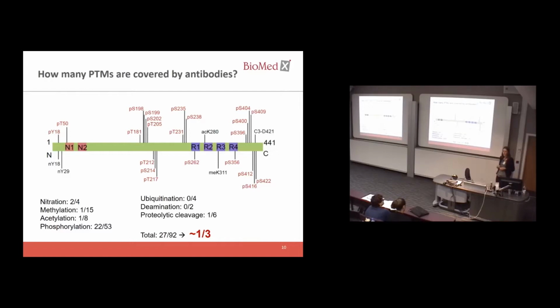While this is not a bad number, it is mostly phosphorylation sites, because phosphorylation is the most well-studied PTM on tau. So there is a bias in this work towards phosphorylation, but we're trying to cover the other modifications by mass spec approaches.